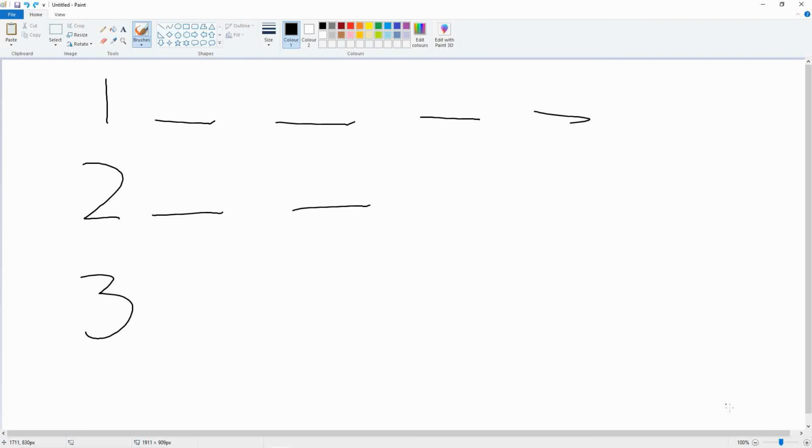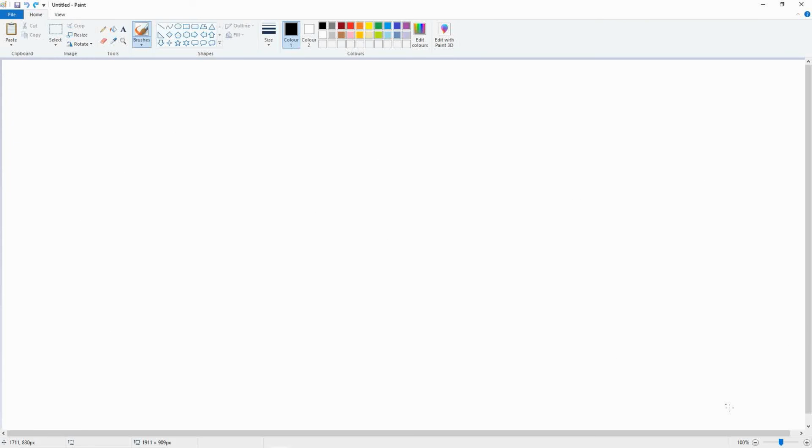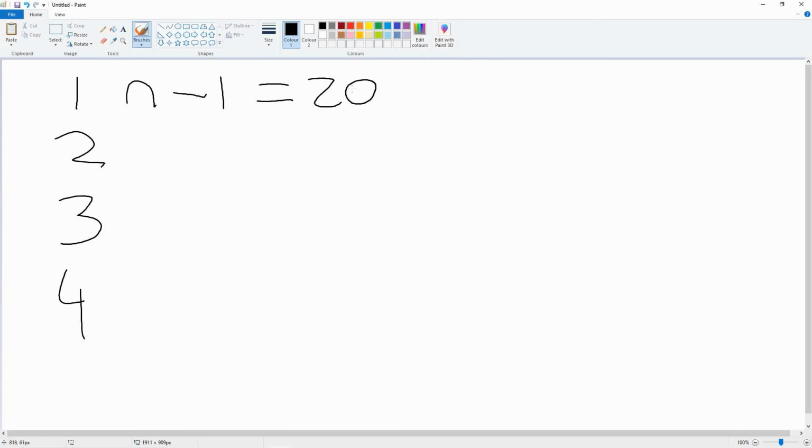Now we have 4 groups, and we have a total sample size of 80 with 20 people in each group. I'm not going to draw out 20 lines, but you can kind of already guess, right? For each group, it's going to be the number of people in that group, little n, minus 1. So if I have 20 people, minus 1 means I'm going to have 19 degrees of freedom in each group. 19, 19, 19, and 19.